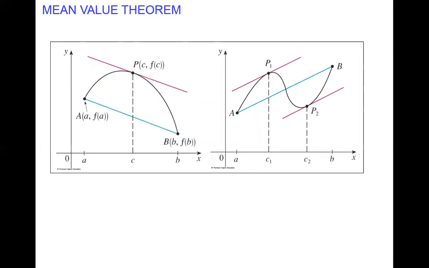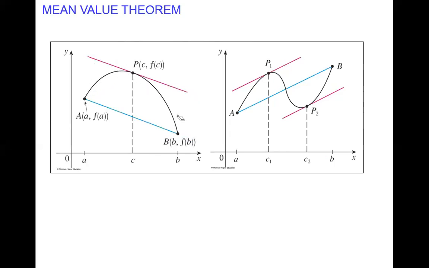Now it's kind of shifted, right? Instead of having a function with the same values and a horizontal tangent, we drop that, which means the value at A is different than the value at B. But this theorem is telling me exactly the same thing.